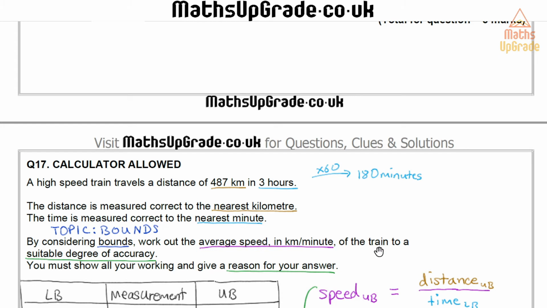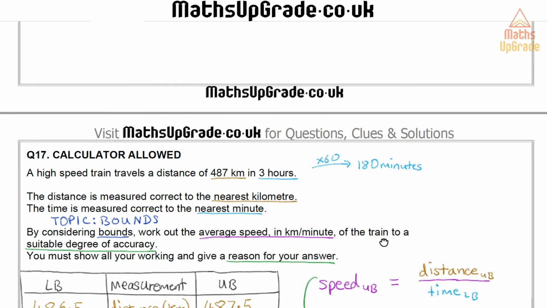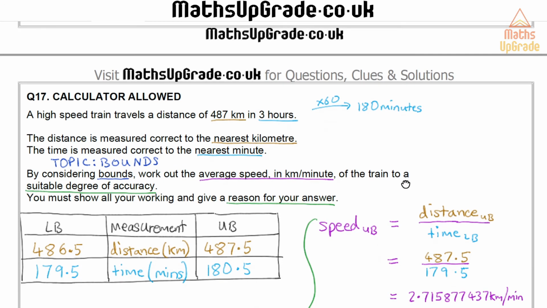In this table here, I've found the lower and upper bounds of the distance and the time. Since the distance is measured to the nearest kilometer, I have plus or minus half a kilometer, and the time is measured to the nearest minute, so similarly the time is plus or minus half a minute.